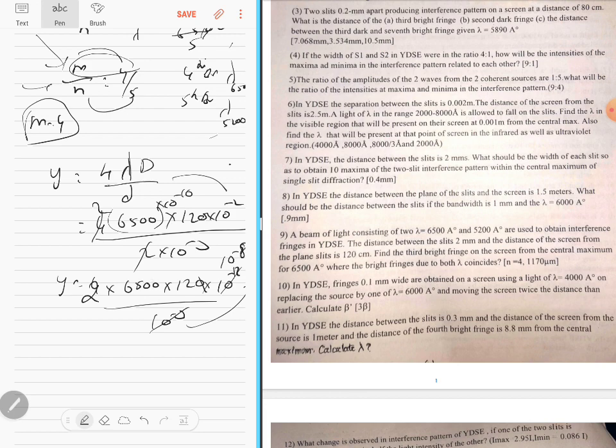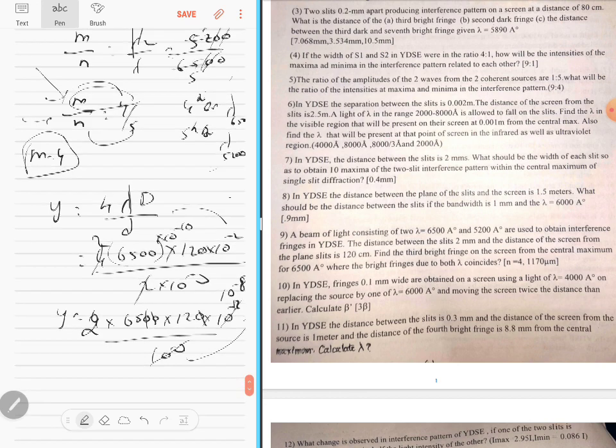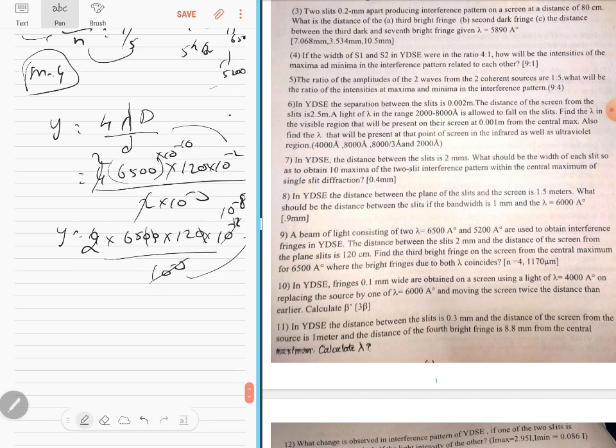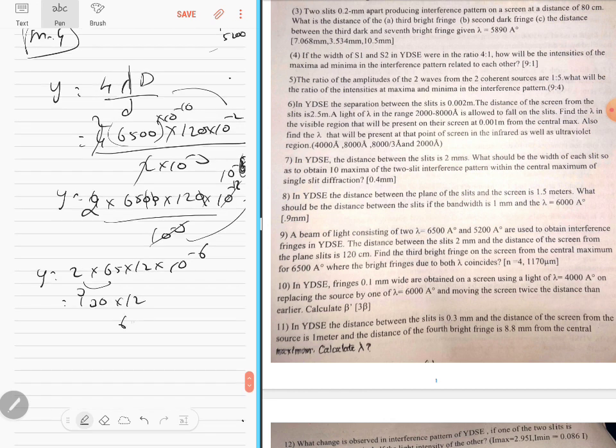I have another 2 from here, which makes it 10 to the power minus 6. So then this becomes 2 into 65 into 12 into 10 to the power minus 6. This is 130 into 12. 12 3s are 36, 12 1s are 12. 1560 into 10 to the power minus 6. That is the position I'm getting, but that's not what they're asking.